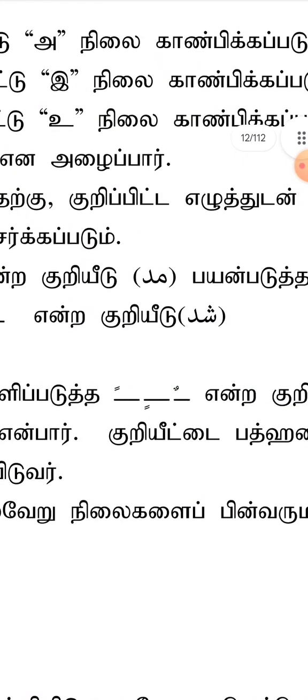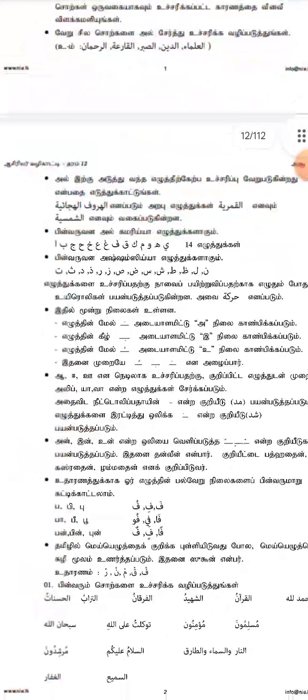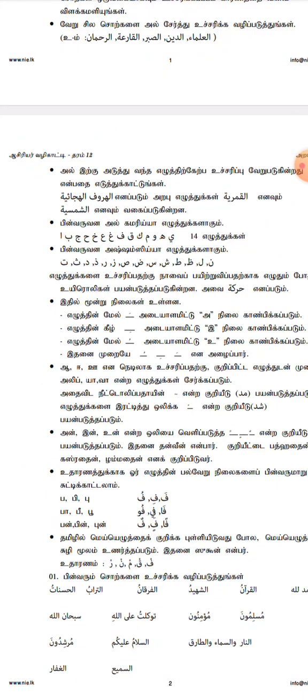If we want to add an n sound with e, in, like in, for that we use double kasra, so we call it kasratain. Double dhamma is called dhammatain. Un. Okay, an, in, un. In that way we pronounce it: an, in, un.